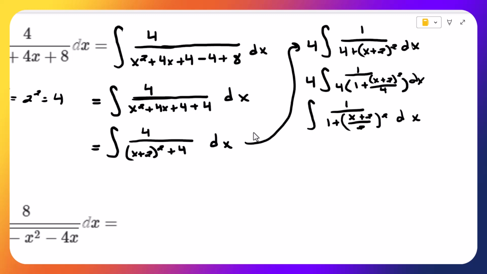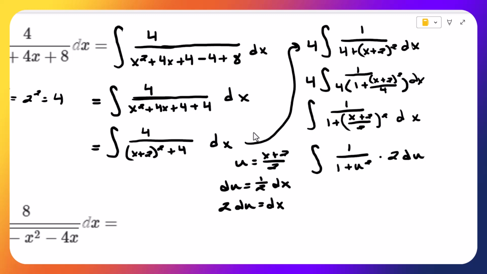So I'm going to be able to rewrite this as the integral of 1 over 1 plus u squared times 2 du. And this is just our arctan. So this antiderivative equals arctan. I'm going to skip a step and substitute my u back in. It's going to be x plus 2 over 2. And then I'm just going to move this 2 to the front to be a coefficient. So we get 2 times arctan of x plus 2 over 2 plus c.